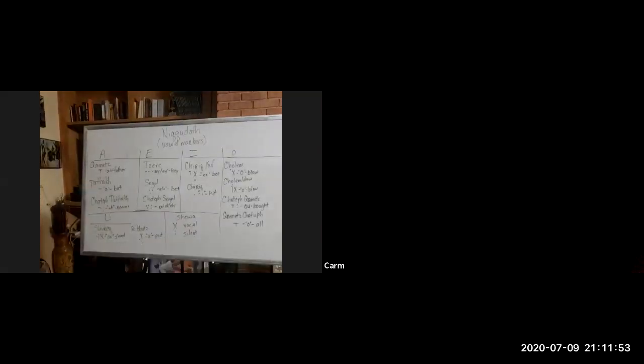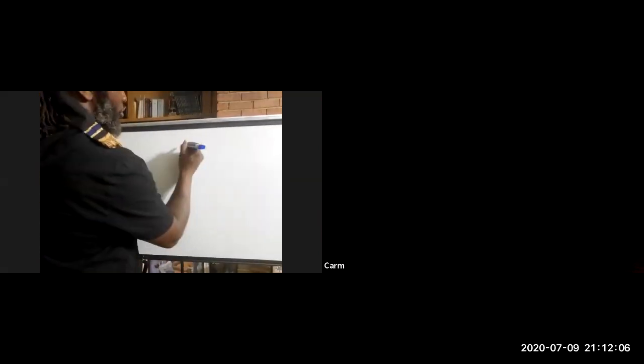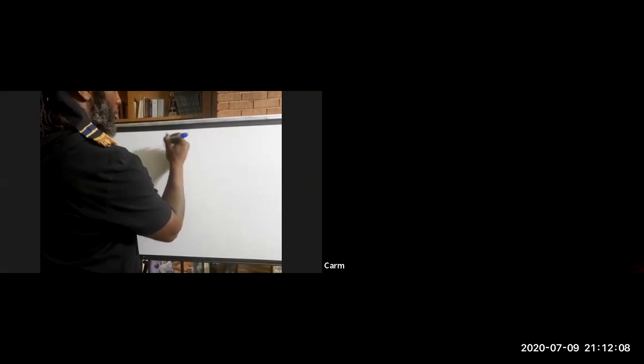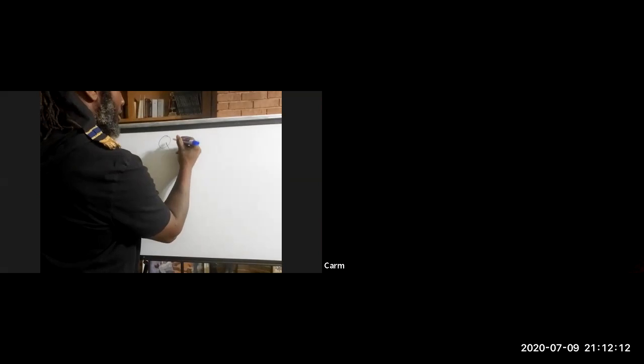So that's your shurek. So your other one is your kibbutz. I'll put this back up so you can take a screenshot of the chart if you haven't already, with everything on it. Would it be kibbutz instead of kubbutz? Actually, it's spelled kibbutz with the shurek. It's spelled like this.